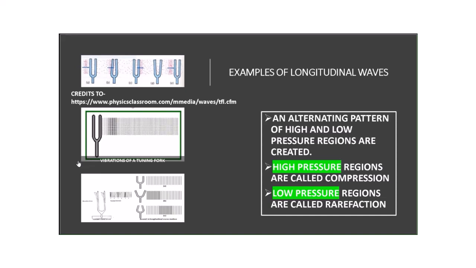This produces a low pressure region next to the tine. As the tine continues to vibrate, an alternating pattern of high and low pressure regions is created. The high pressure regions are called compressions and low pressure regions are called rarefactions.